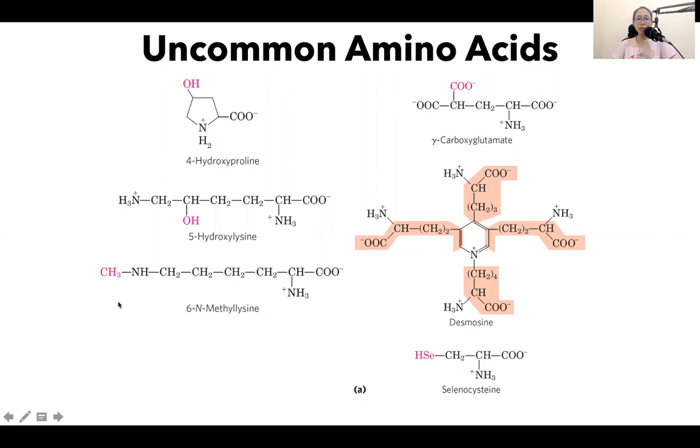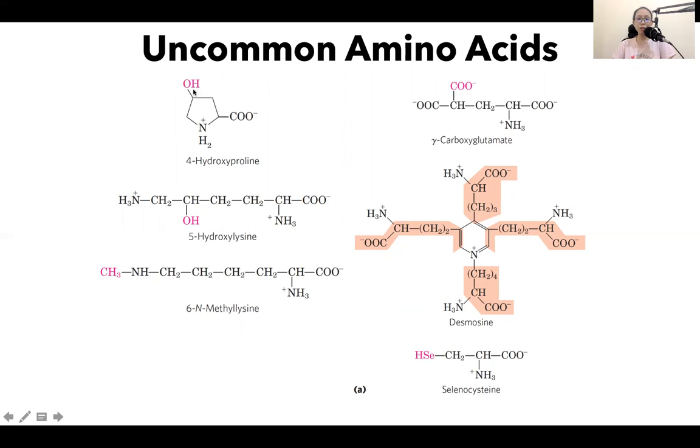Now, aside from these 20 common amino acids, we also have some uncommon amino acids that are worthy of mention, such as 4-hydroxyproline and 5-hydroxylysine. These two are derivatives of two common amino acids. So we have proline. We just added an OH group in proline, in particular at carbon number 4.